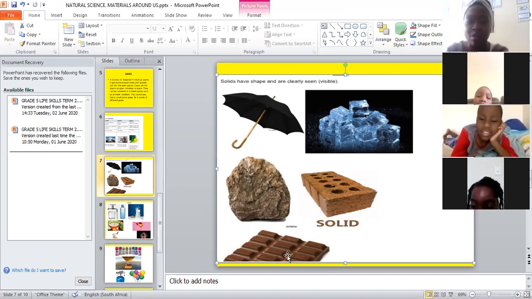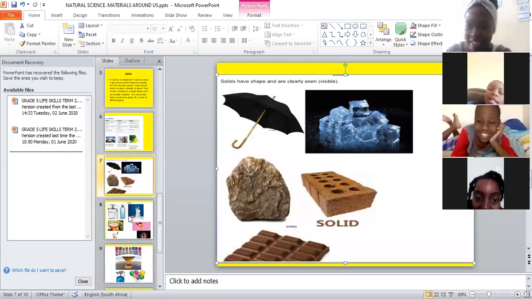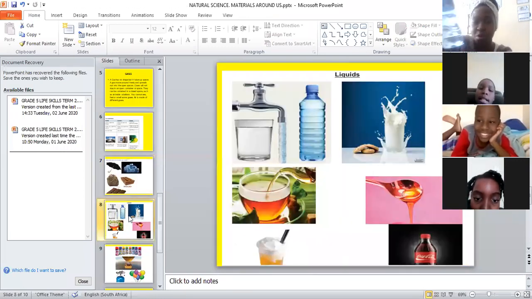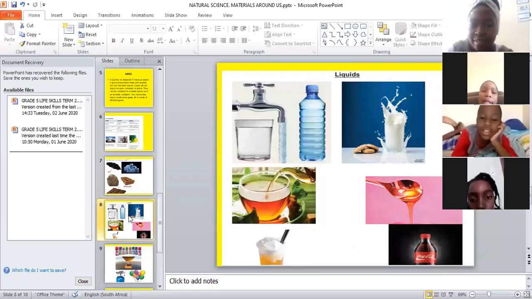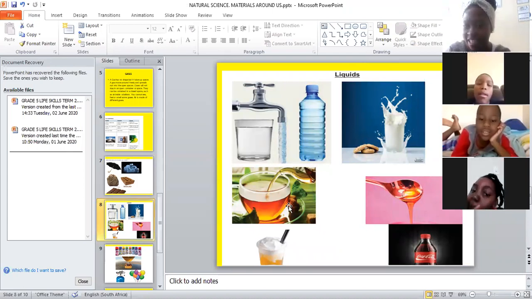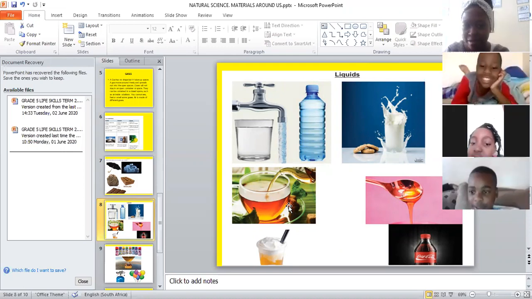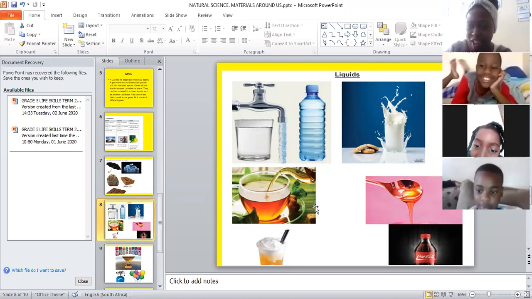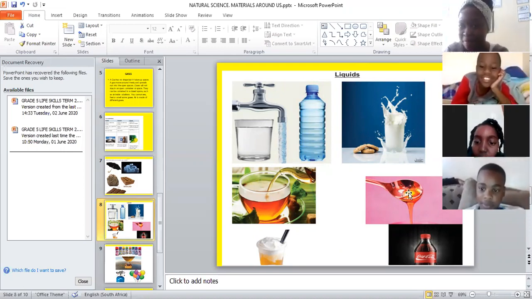Okay. Moving on to liquids. We have number one. What is this one? Water. Number two? Milk. Number three? Tea. Number four? Honey.